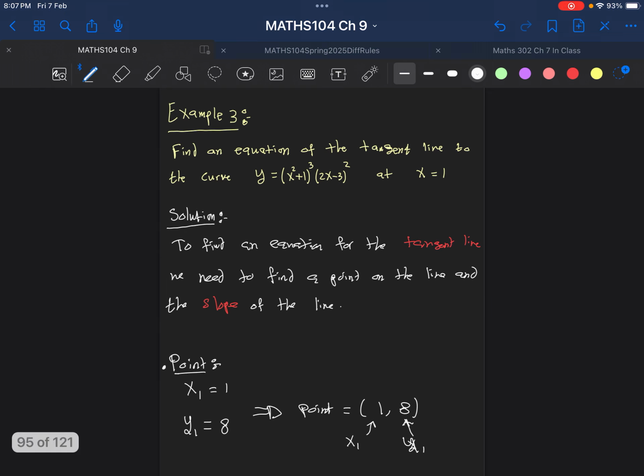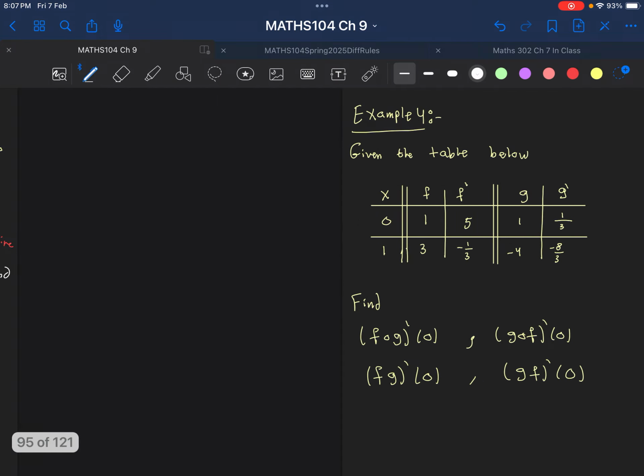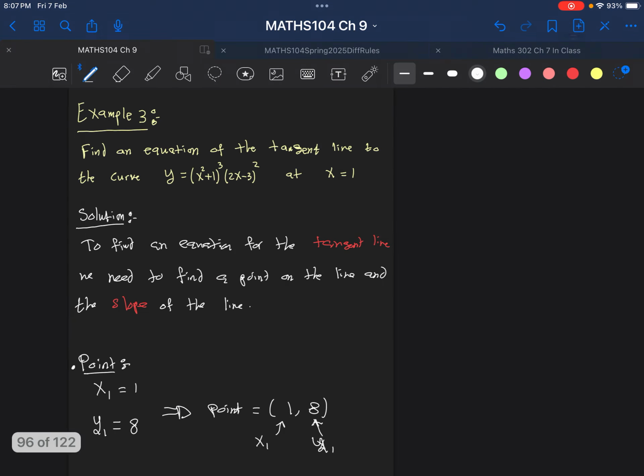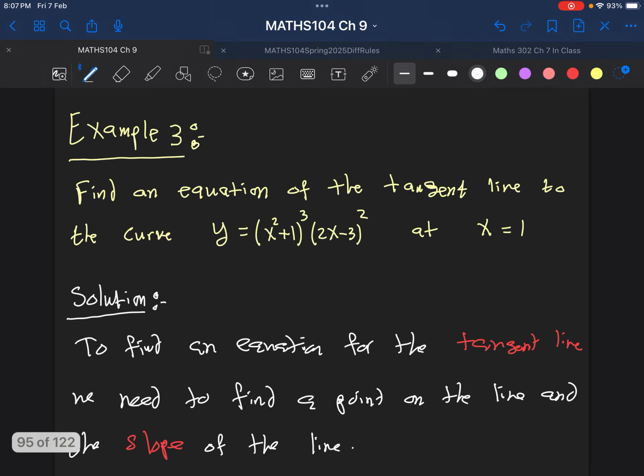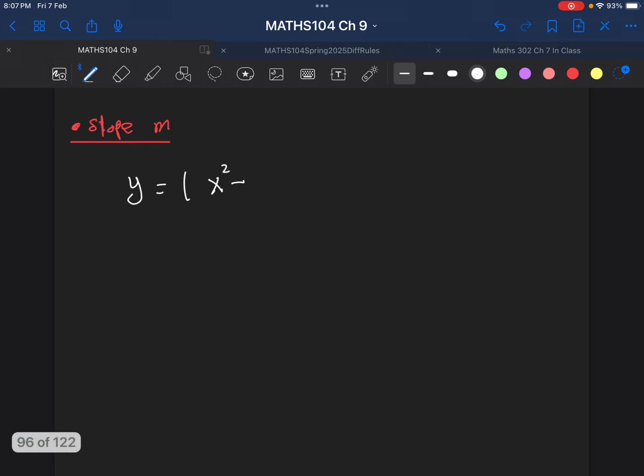Let's go to the next page and let's find the slope m. Well, let me just remind you of the function. It was (x squared plus 1) cubed times (2x minus 3) squared.